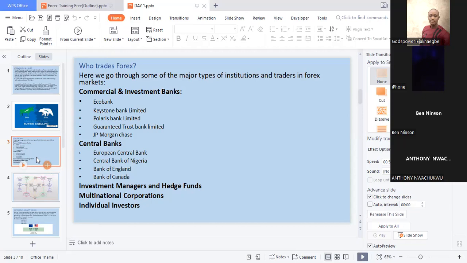The investment managers, hedge funds and multinational corporations also trade forex. Individual investors, for example you and I, can trade forex with the help of MetaTrader 4 and MetaTrader 5. Are you with me?